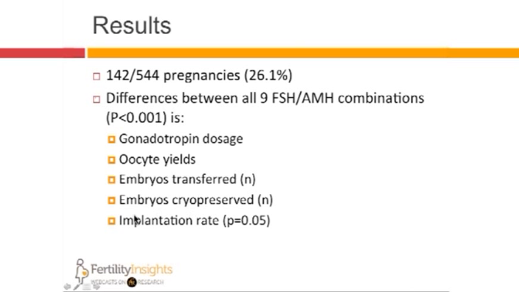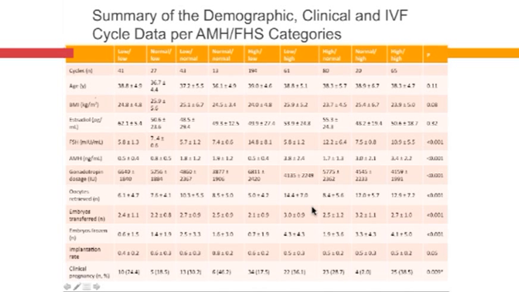So the fact that implantation rate is so differently affected from all these other aspects does not surprise, because obviously FSH and AMH, representing the ovarian reserve of a woman, mostly relate to egg numbers and egg quality, and therefore embryo numbers and embryo quality. And here you see the hard data, and I won't waste much time going into the detail.